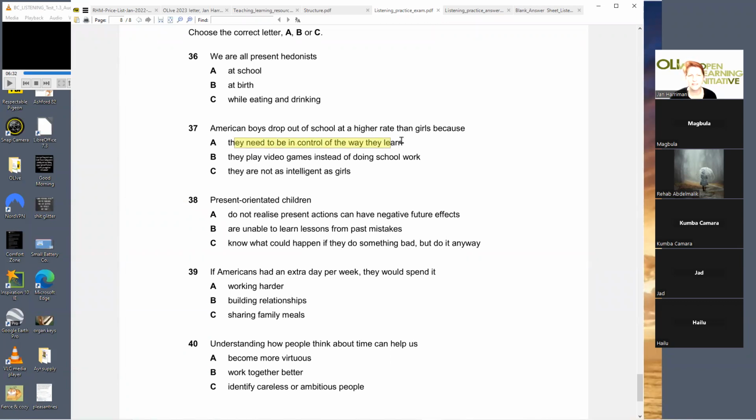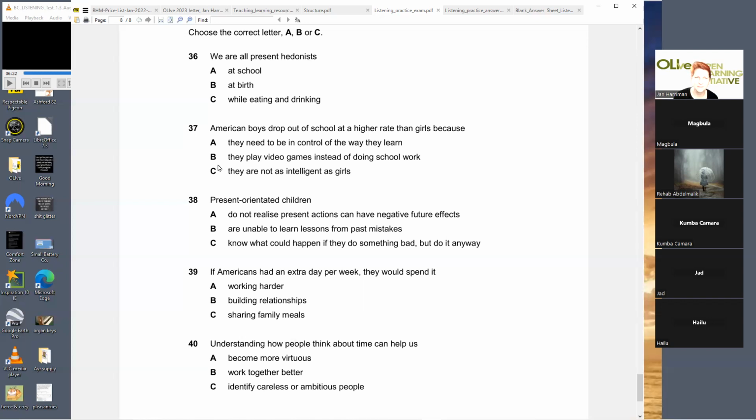What does this mean? They need to be in control of the way they learn. Yeah, they need to be in control of the way. Is a strict environment with lots of rules going to be the right way for them? No. No, they need to have a say in it.